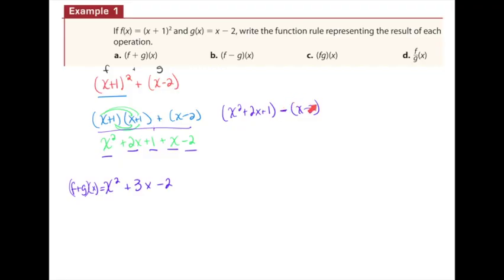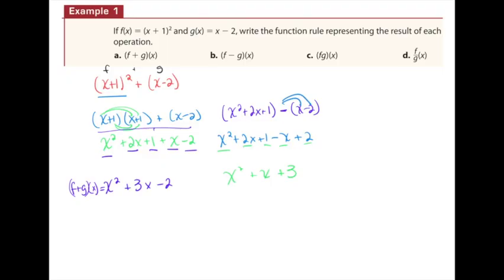Here, that negative applies to the entire group. So it's going to be x squared plus 2x plus 1 minus x plus 2. You have to distribute your negative there. And then again, combine your like terms. I have a 2x and a negative x, and a 1 and a positive 2. And so subtraction would look like this.